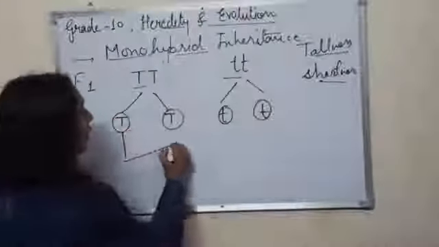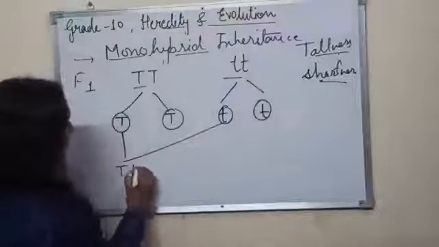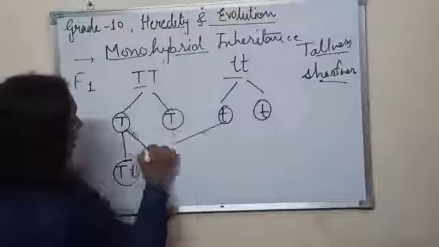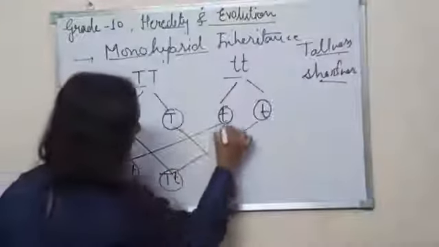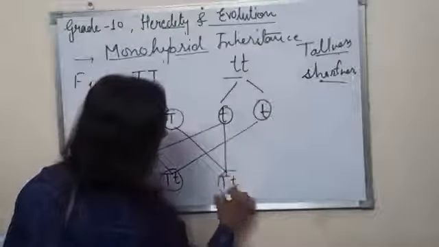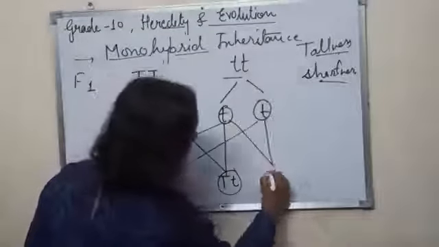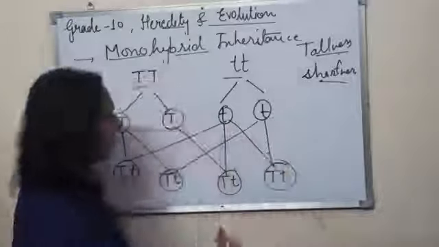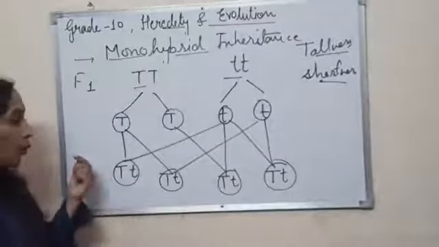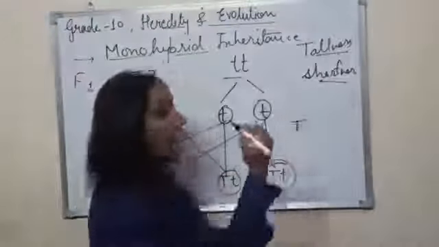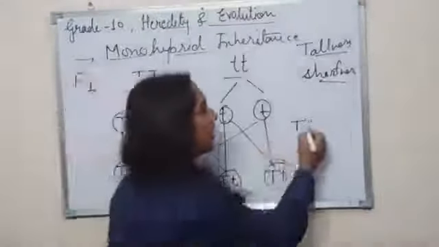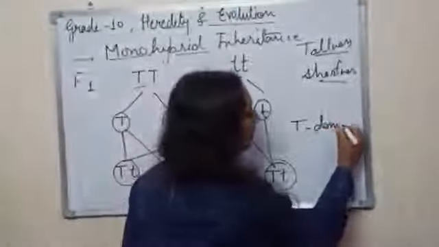When the crosses were done, it was found that in this generation all the progenies were showing one trait, one gene, which is capital. And as we know, capital T is always dominant.